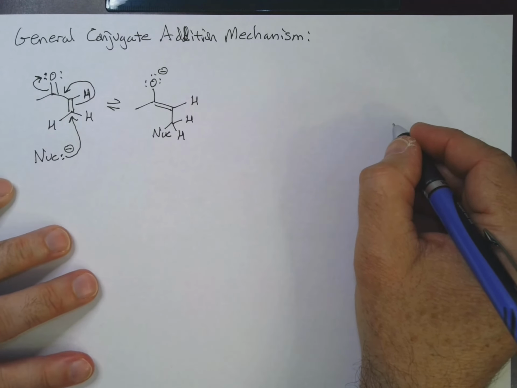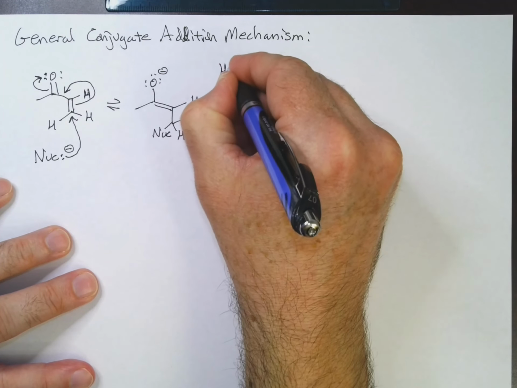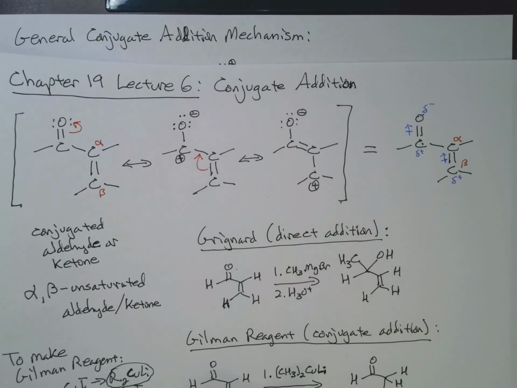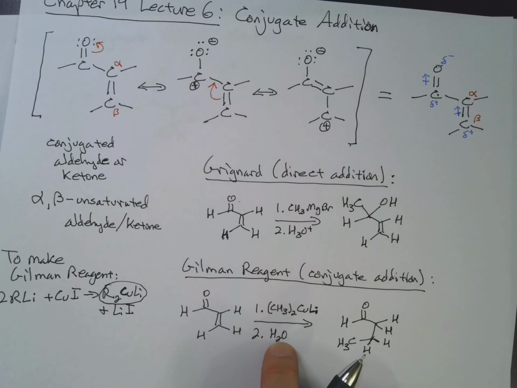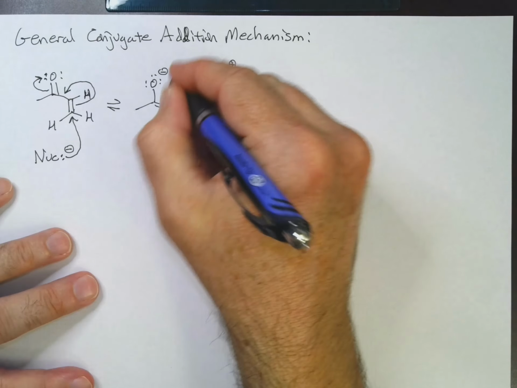And this guy here can then, if we have some proton source, so H+, in the case of the Gilman, it's our water, our water serves as a proton source. So it's not H+, but it's H from water.